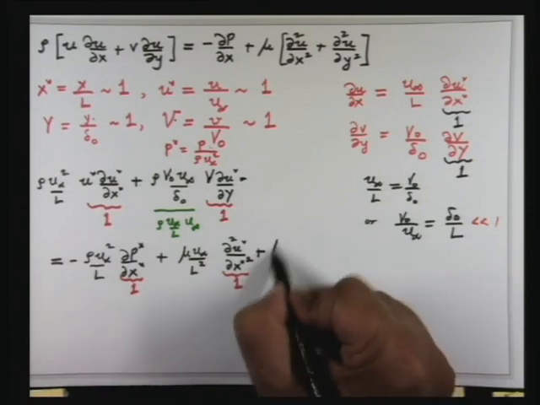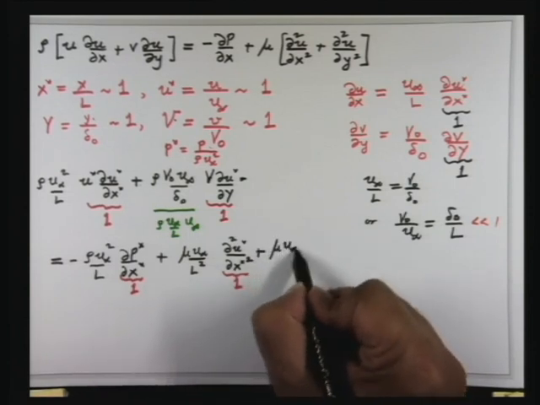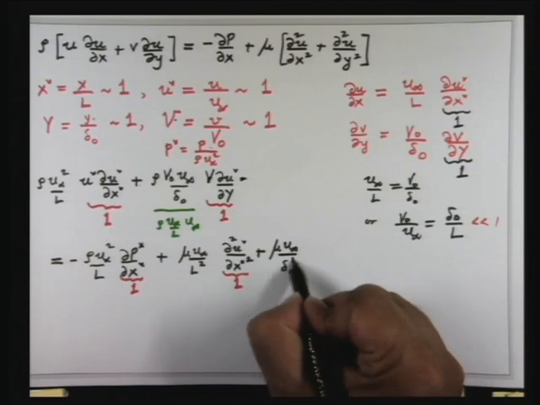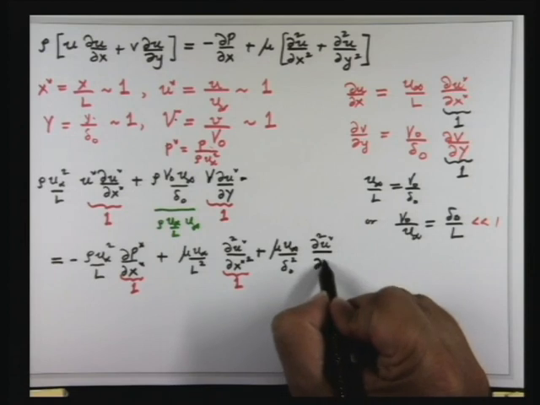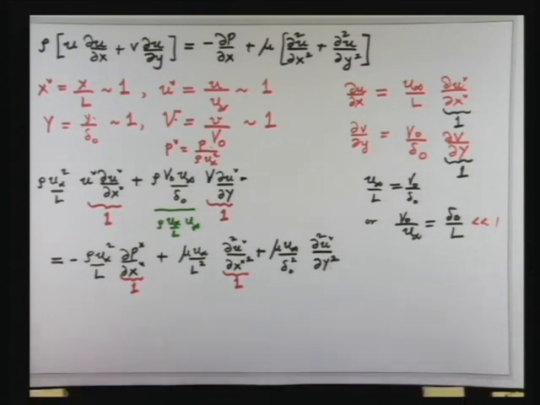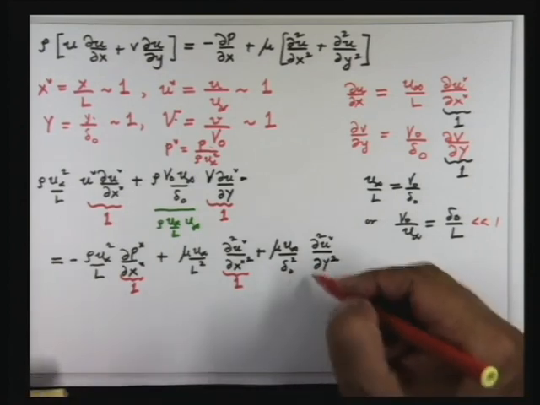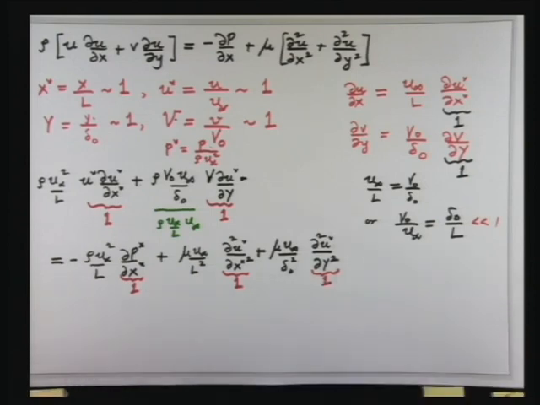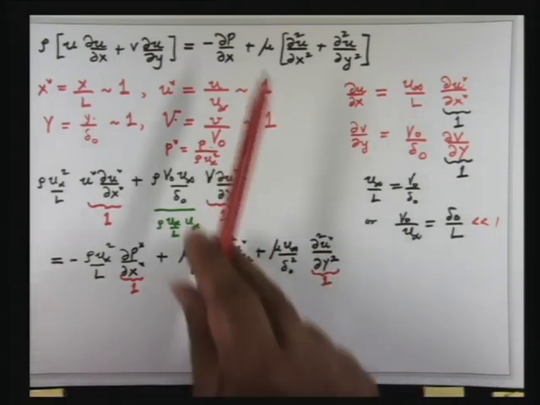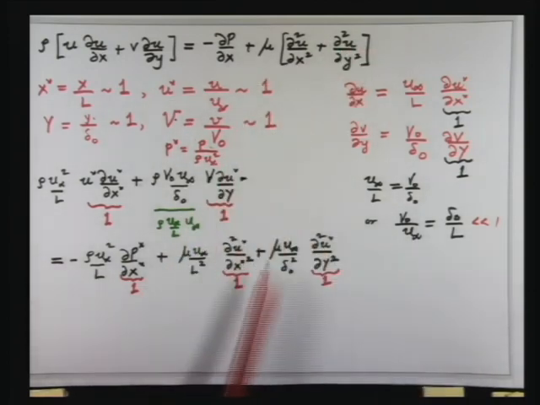This will be mu U infinity by delta naught squared into del 2 U star del Y star squared. Again the advantage of writing this is that you have used scaled variables which are order 1. So we are assuming that all the gradients, all the derivatives are order 1. So if I ask you what is the order of mu del 2 U del Y squared, you will say mu U infinity by delta naught squared.